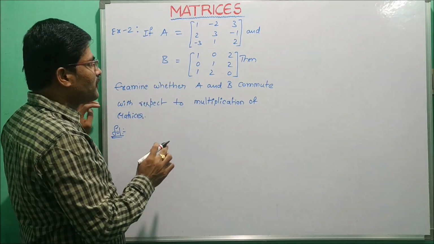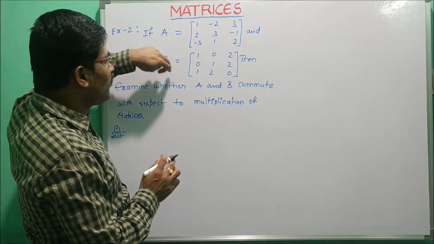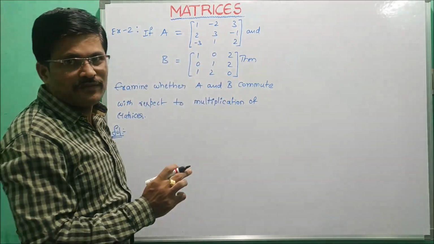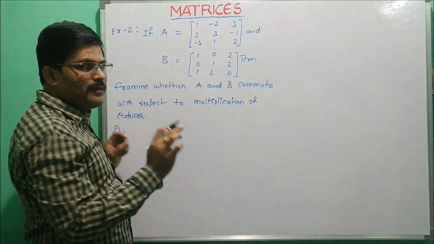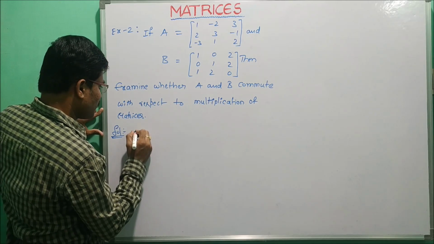First of all we have to observe the orders of these two matrices, which equal 3, and these are clearly square matrices. Now both AB and BA will exist. So first we write the condition.